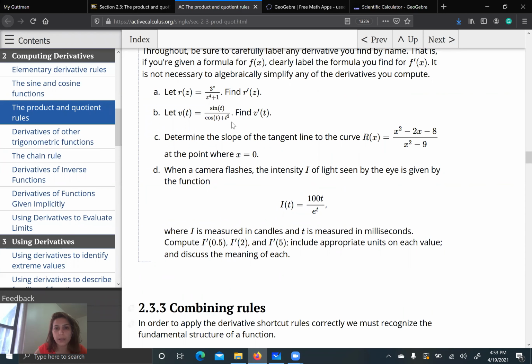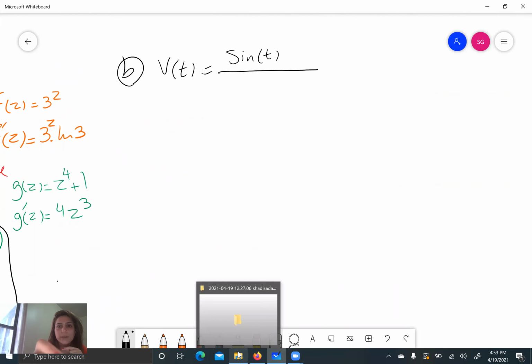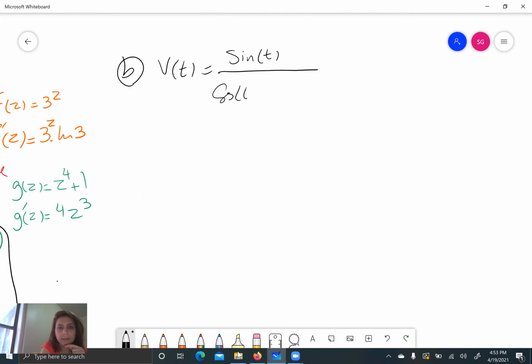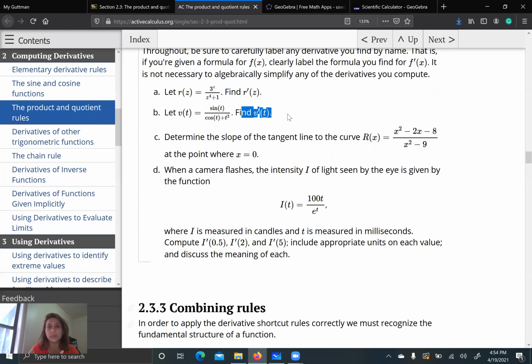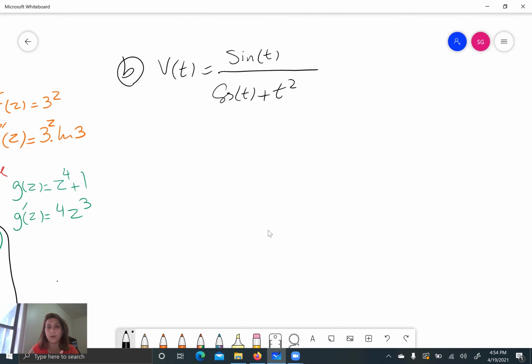The denominator is cosine of t plus t squared. You see that this is a division, so we need to apply the quotient rule to calculate v prime of t.